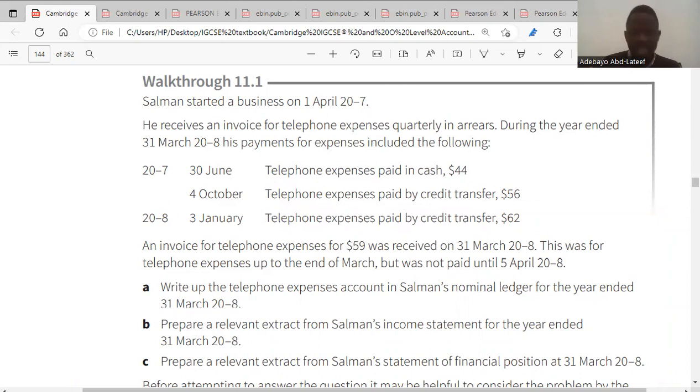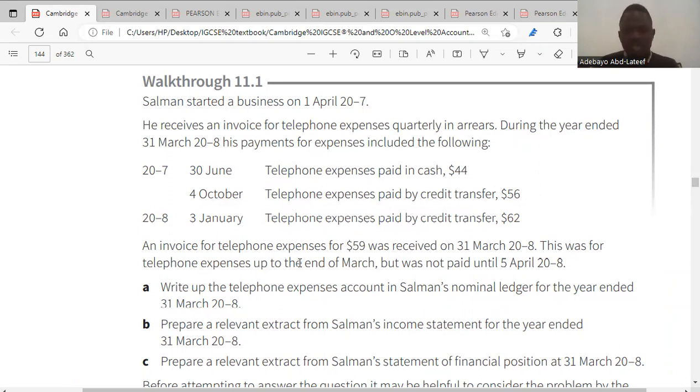Here they said an invoice, it means there's a credit transaction, because if there's no credit transaction, it wouldn't be an invoice. It would have been a receipt. So here it's an invoice. It means that Salma has taken a certain service without making payment, an unpaid service. So expenses for $59 was received on 31st of March 28.